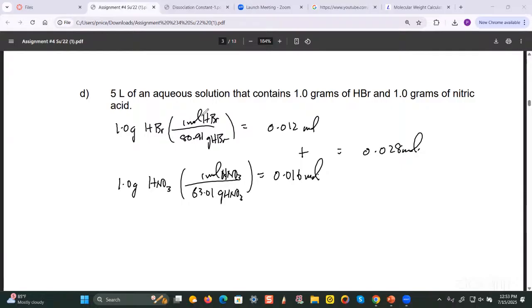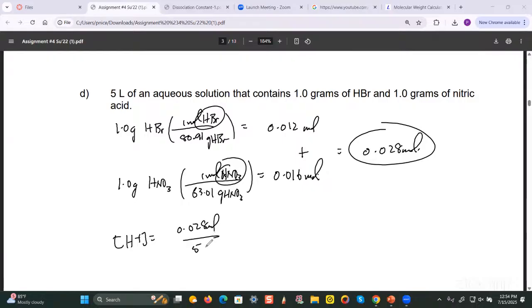Then we find the molarity. Because HBr and nitric acid are both strong acids, whatever the total moles here would be equal to the moles of H plus. So the concentration of H plus is 0.028 moles divided by the volume, which is 5 liters. According to my calculation, you have to round this off to 1 sig fig because you have only 1 sig fig here.